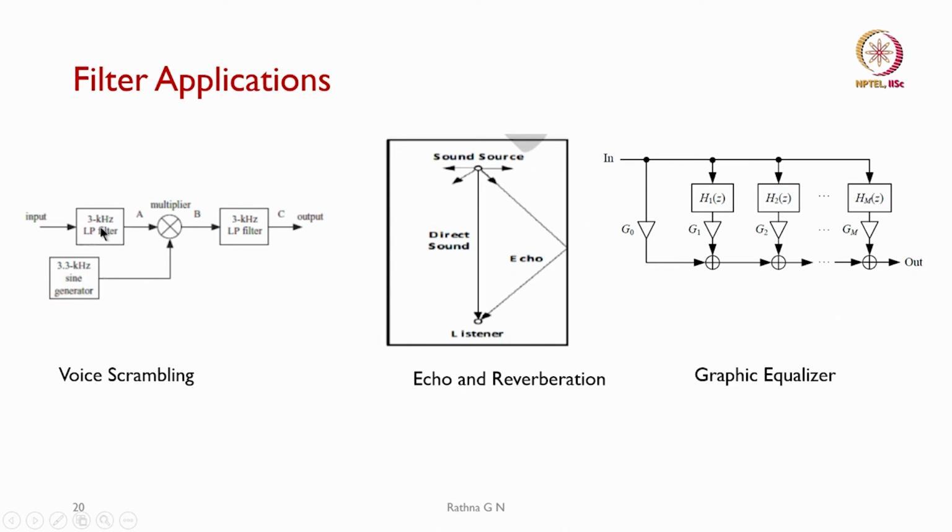I will be multiplying these two signals and using the low pass filter with 3 kilohertz. This can be replaced with your input speech or audio. You have to take care of your filter design here, and the output is going to be a scrambled one.